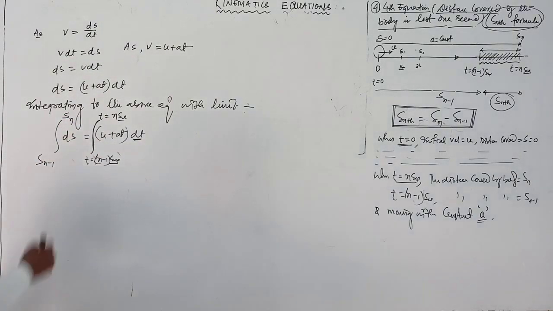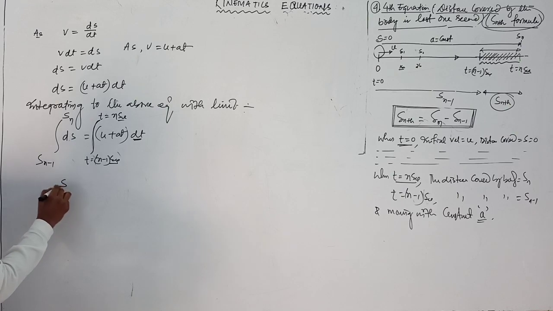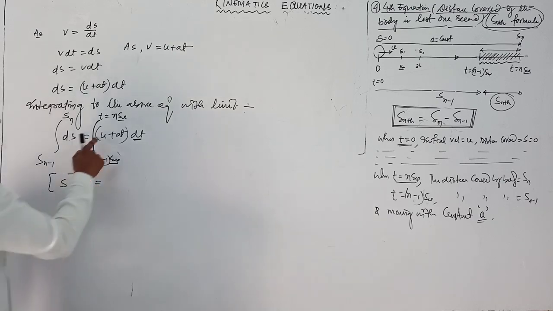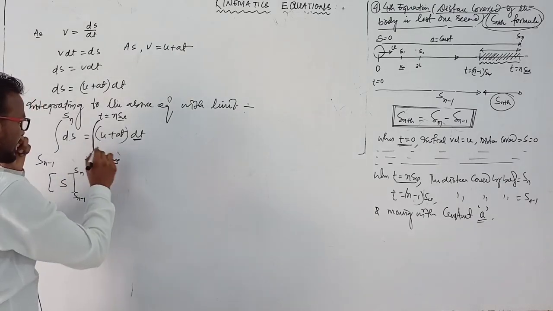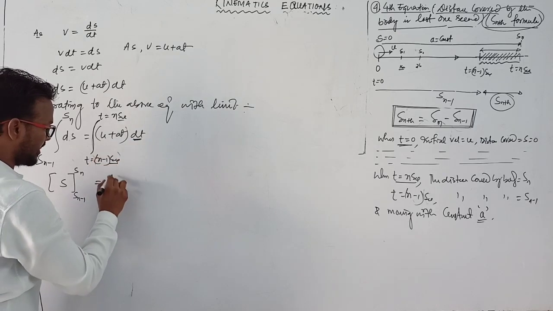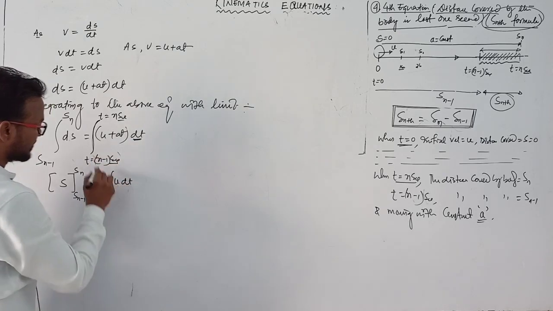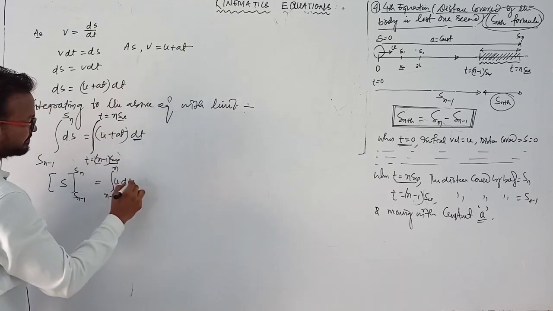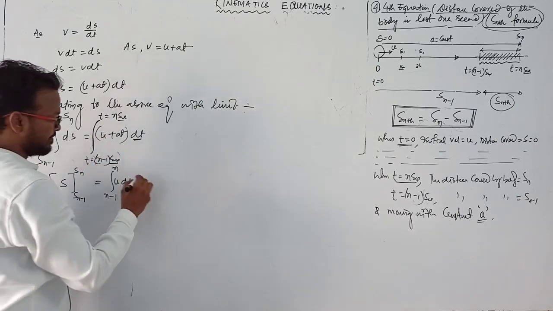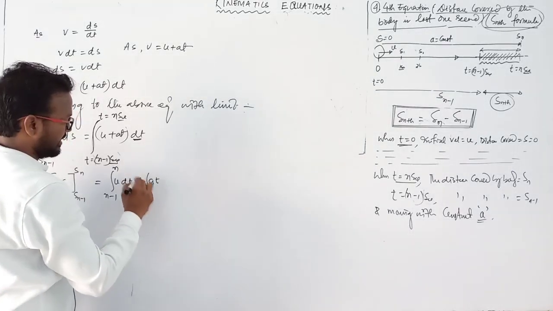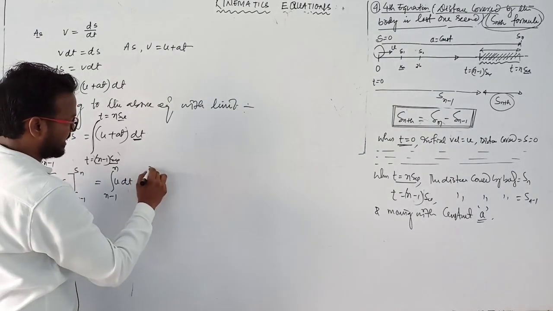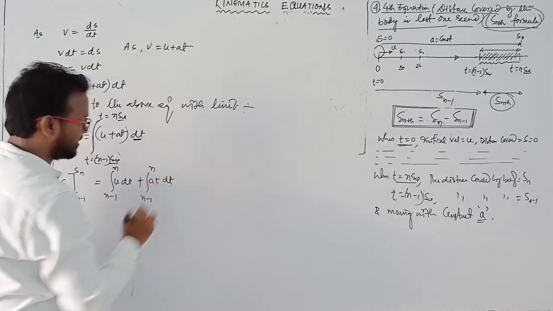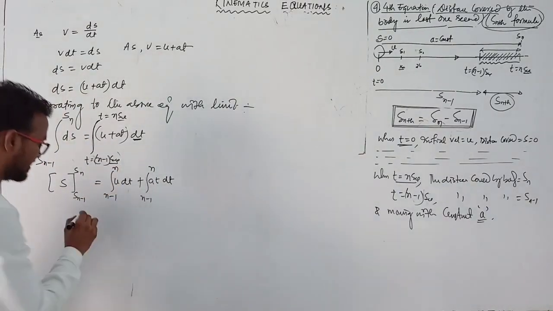Now integrate this relation. The integration of ds is s, with limits Sn minus 1 to Sn, equal to the integration of u dt from n minus 1 to n, plus the integration of at dt from n minus 1 to n.